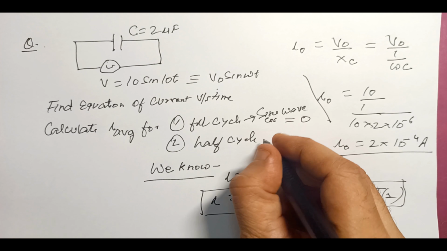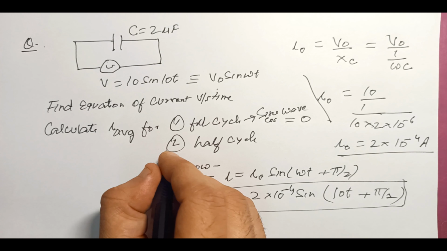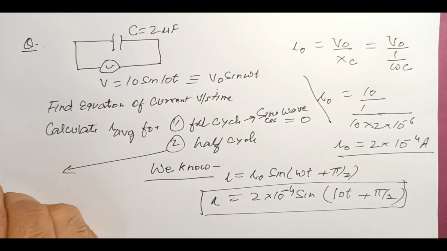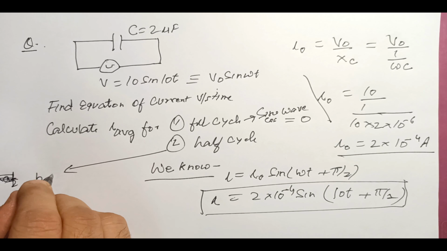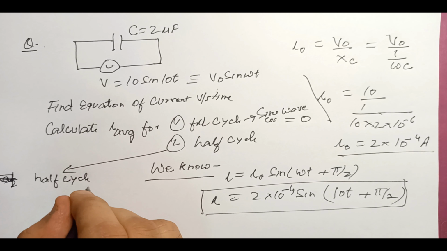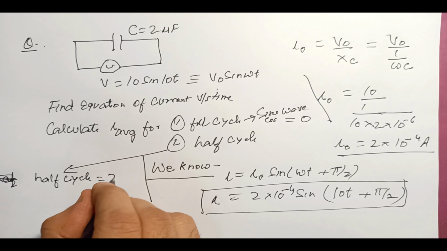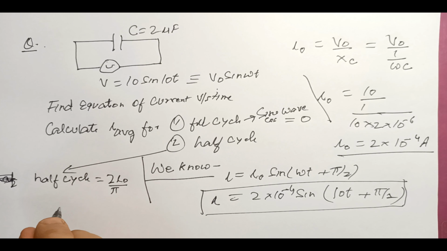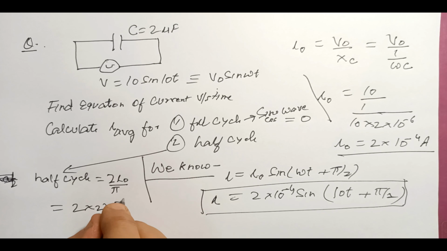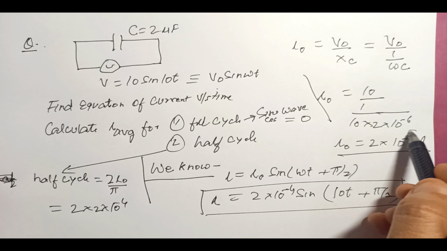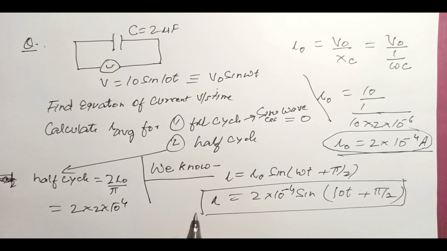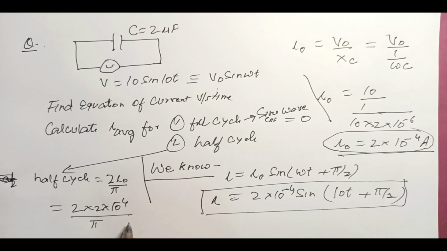For half cycle, it is equal to 2 I naught by pi, or I can say 2 into 10 to the power minus 4, which is what I naught we found out, 2 I naught by pi, and this is the answer.